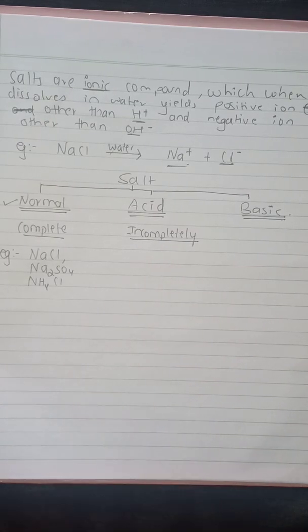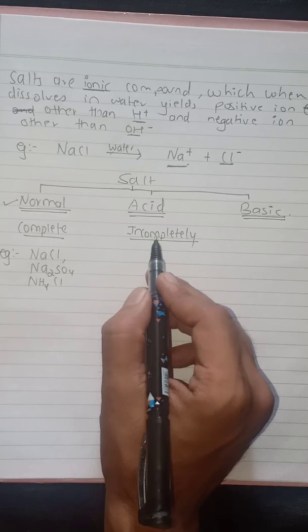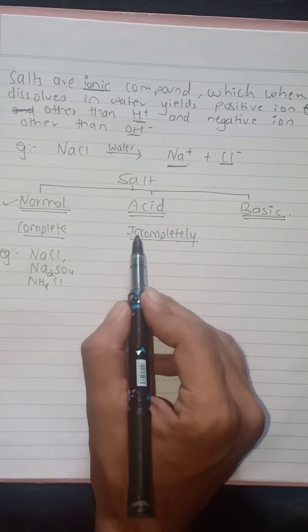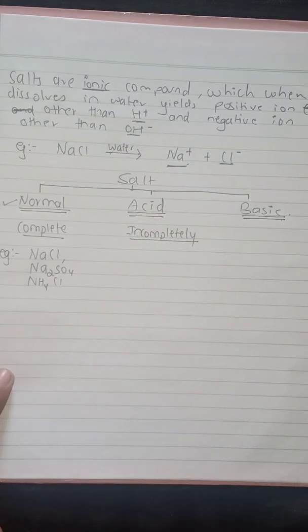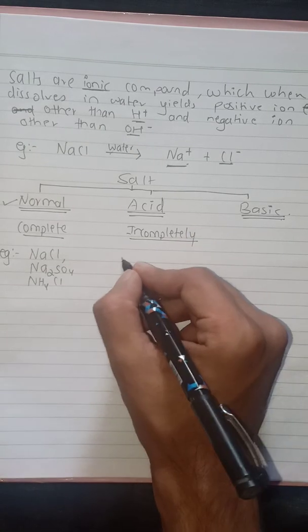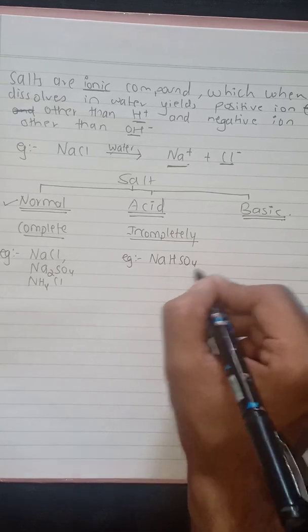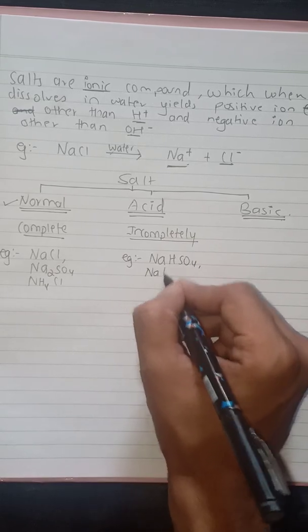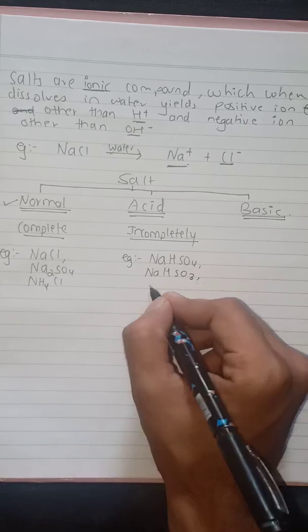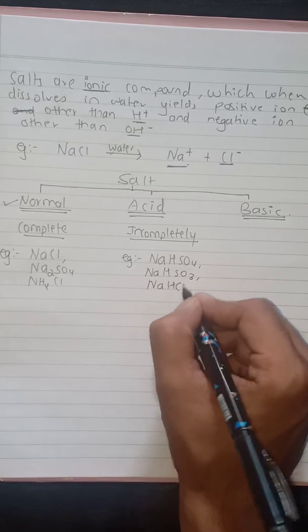Now incomplete salts. Acid salts are formed by the incomplete ionization of the hydrogen atoms. As we took the examples, see, examples like NaHSO4. Okay, it could be NaHSO3, it could be NaHCO3.